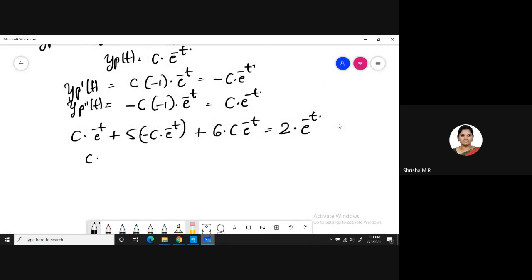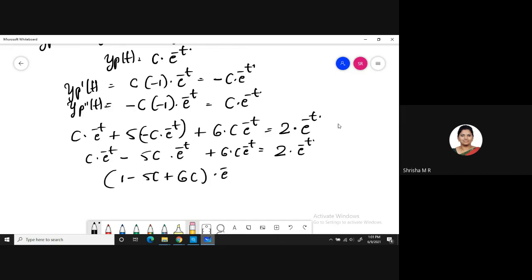You get c into e power minus t minus 5c into e power minus t plus 6c into e power minus t, which is equal to 2 times e power minus t. If you take e power minus t common, you have 1 minus 5c plus 6c into e power minus t is equal to 2 into e power minus t. So 2c equal to 2, so c is equal to 1. Got it?